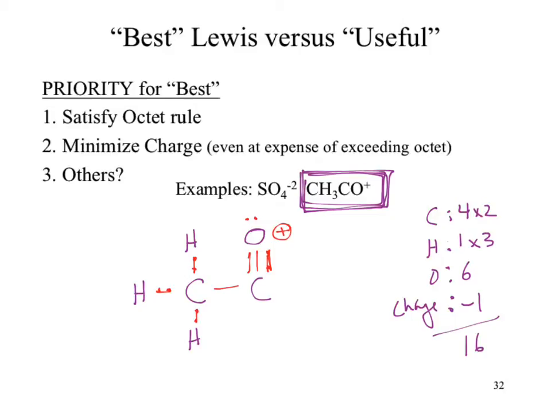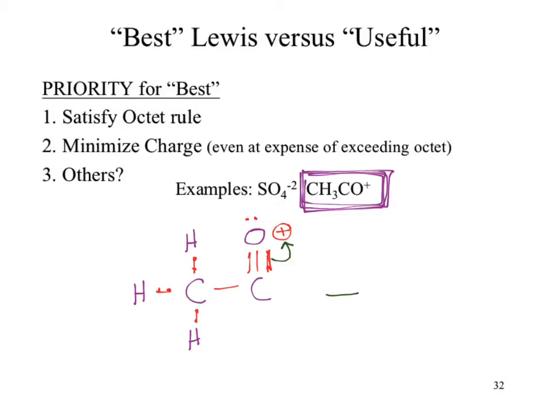Oxygen, being the most electronegative, is going to do what to the bonding electrons? Take them. So it will take one of those bonding electrons, and what happens? Oxygen would become 0. Oxygen becomes neutral.